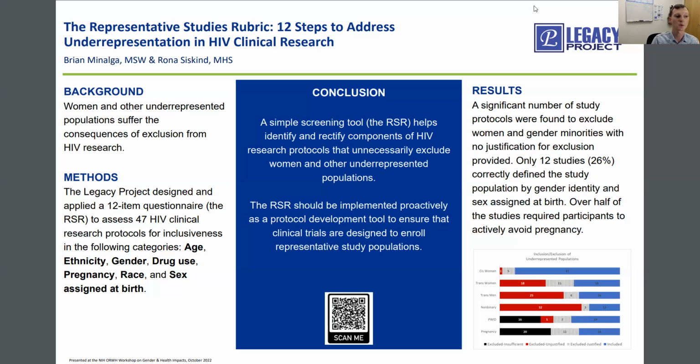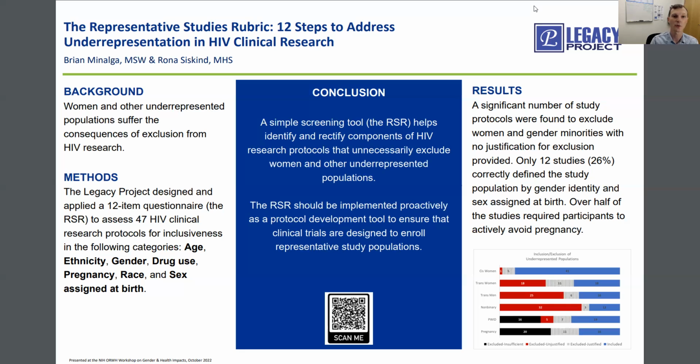After we designed this questionnaire, we applied it to 47 HIV clinical research protocols that were enrolling across the NIH-funded HIV/AIDS clinical trials networks. These are the ACTG, HPTN, HVTN, and IMPACT networks.